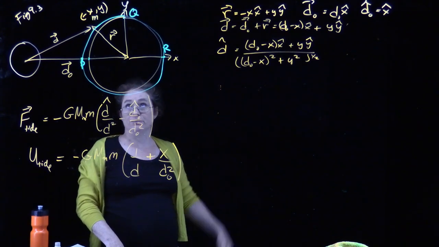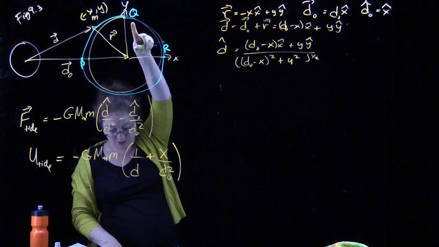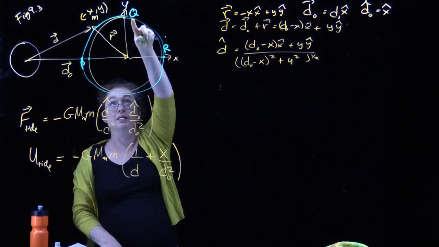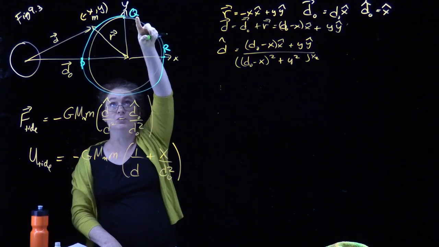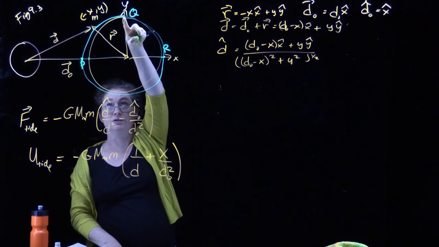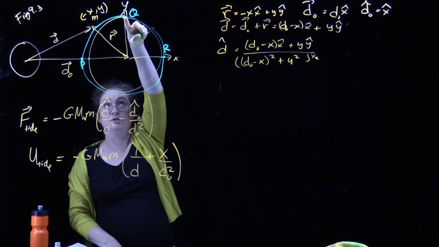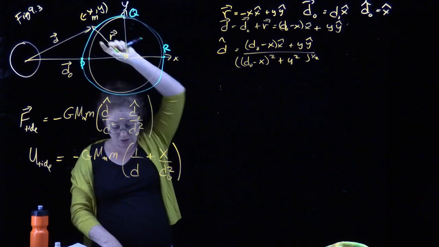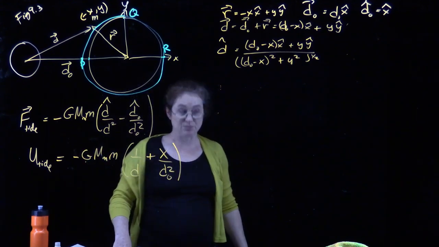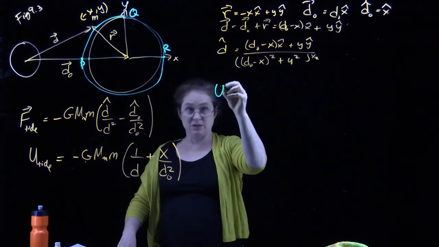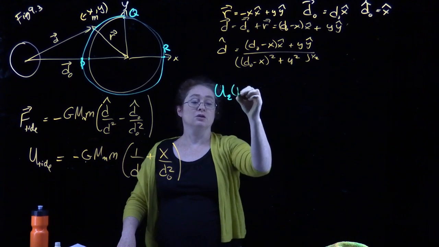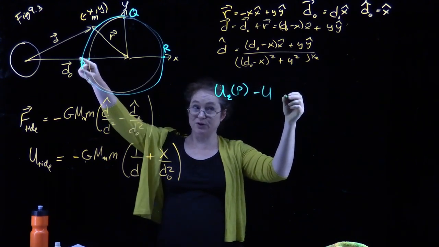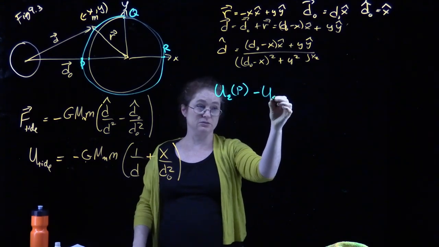And then if you compare just the potential due to Earth's gravity here, where you are on the surface of the Earth, versus here, where you have some net displacement, then you are further from the Earth there.